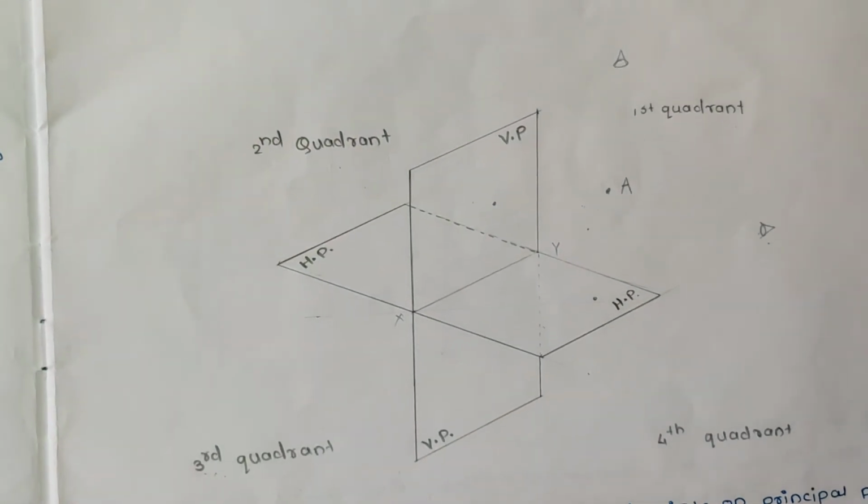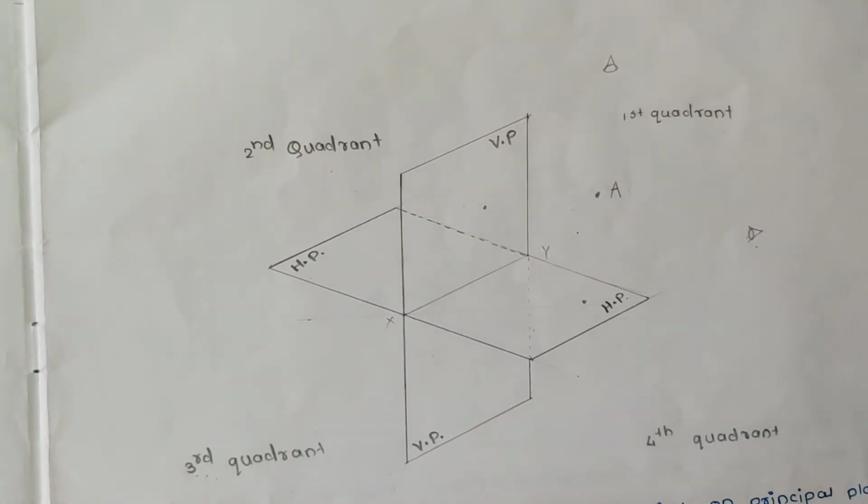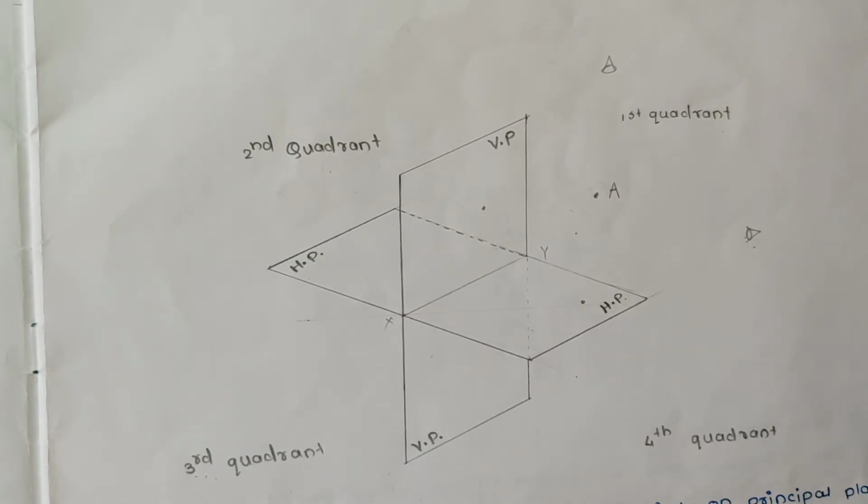So the technical definition is that an engineering drawing is a type of technical drawing that is used to convey information about an object. And in a simple language, we can say that engineering drawing is a language of engineers.